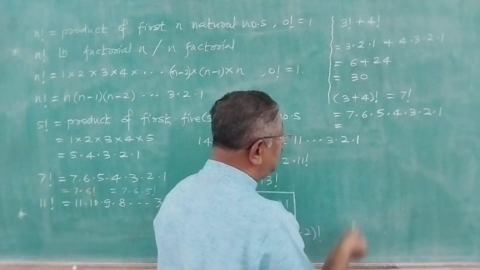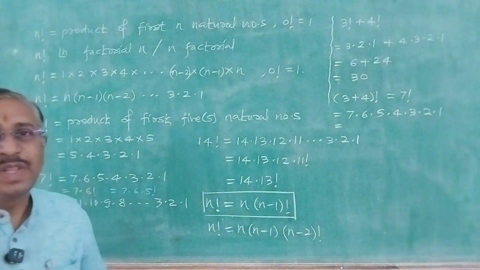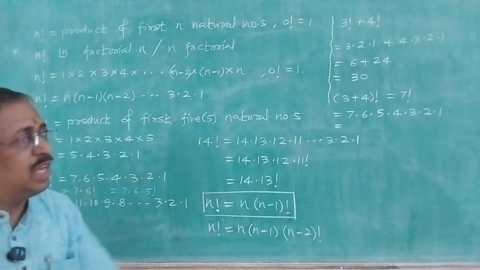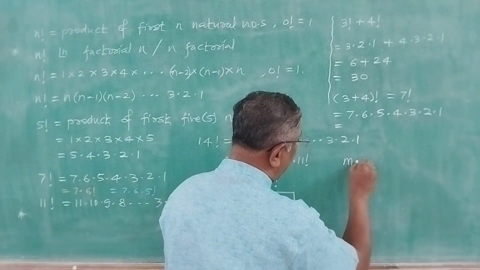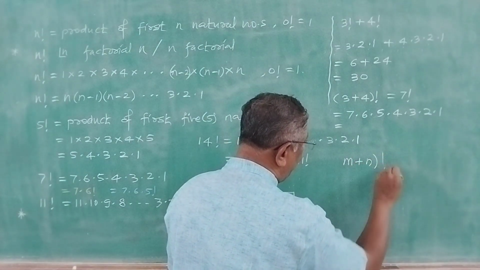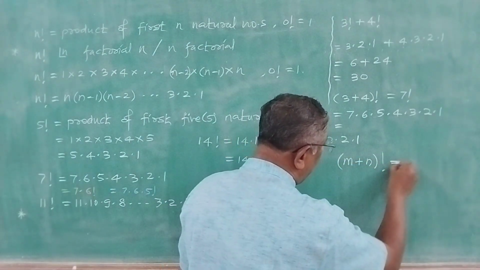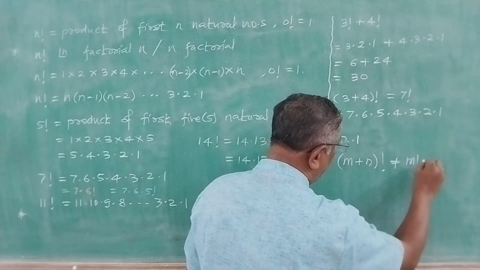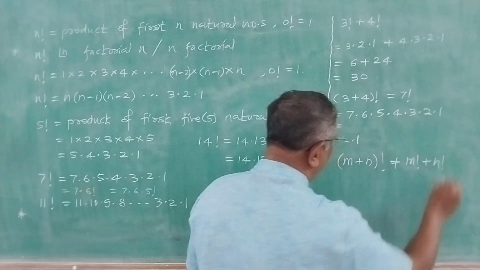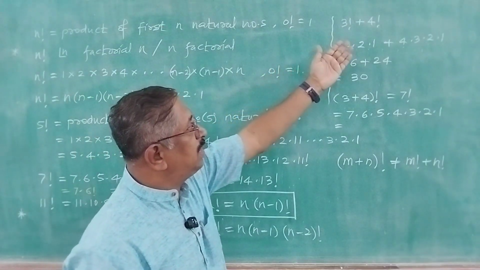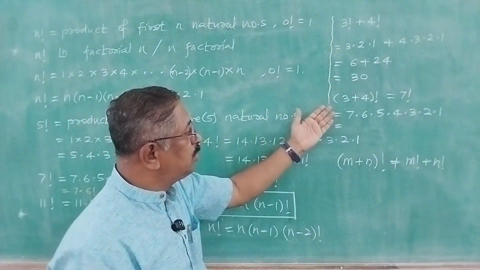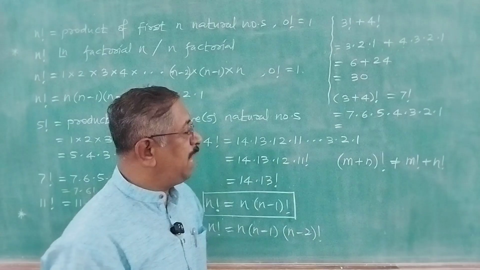Let us check whether it comes out to be equal to 30 or not. It will never equal 30. It means that (m plus n) factorial will never equal m factorial plus n factorial. We have illustrated with an example that 3 factorial plus 4 factorial will never be equal to (3 plus 4) factorial.